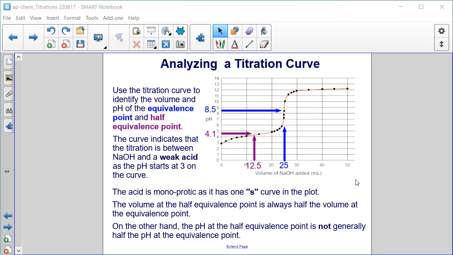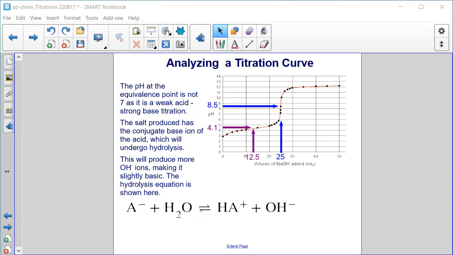On the other hand, the pH of the half equivalence point is not generally half the pH of the equivalence point. So even though the volume is exactly half, the pH is not. So that just means you need to read the pH from the graph.